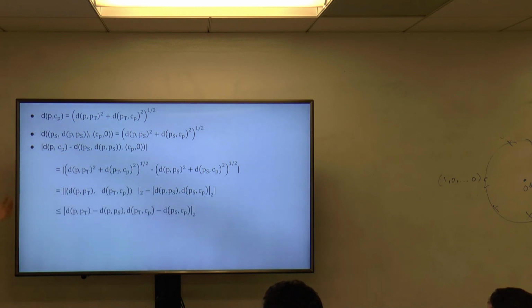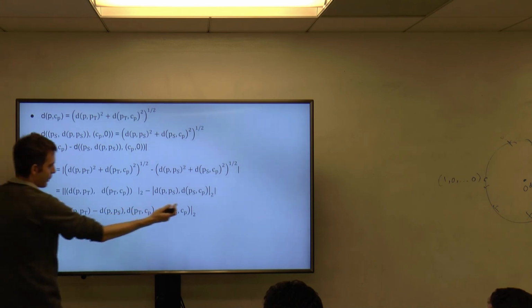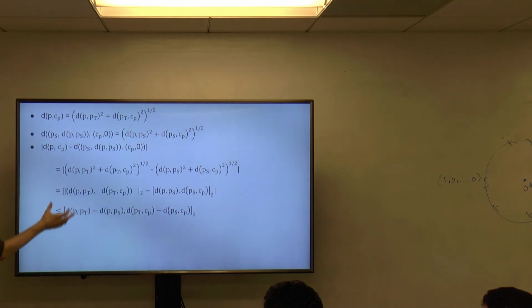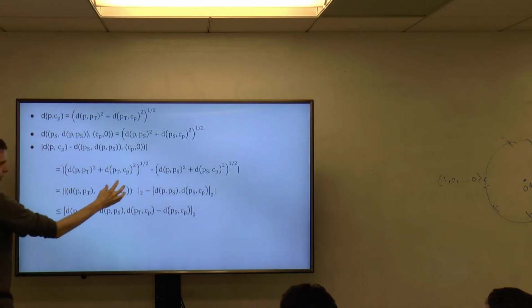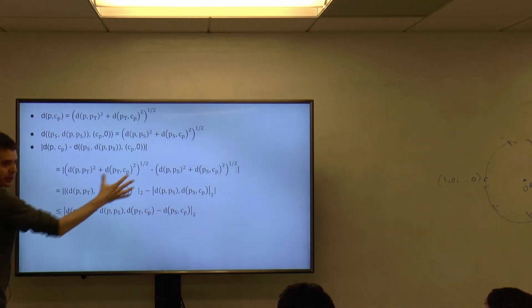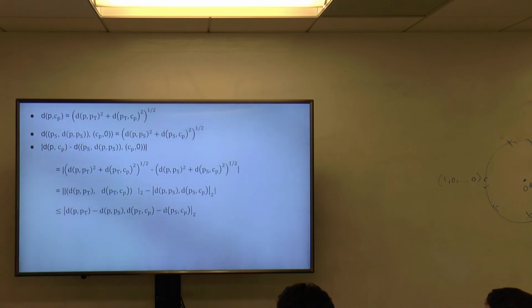By triangle inequality, this is at most the Euclidean norm of this other vector, which is this coordinate minus this coordinate, and this coordinate minus this coordinate. This is just the triangle inequality for the Euclidean norm. And now I just say that the 2 norm is less than the 1 norm. So I have the 1 norm here, and now that I look at the 1 norm of this quantity, it's exactly what I want.